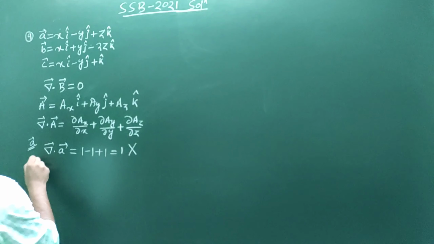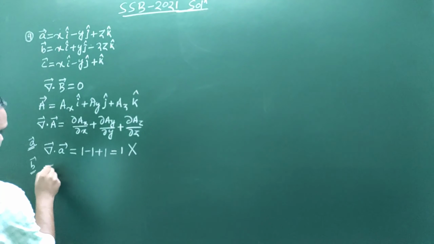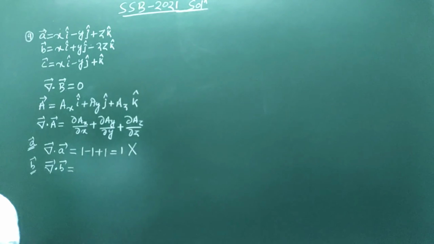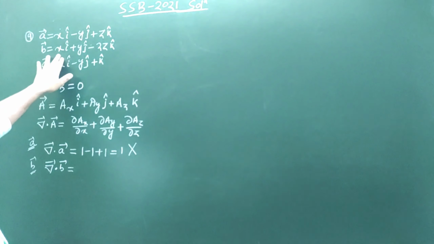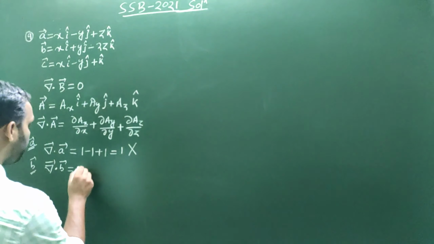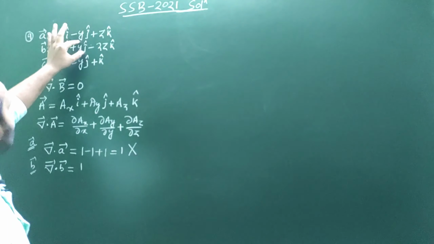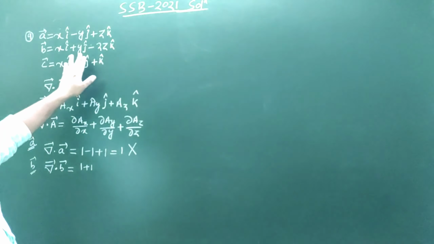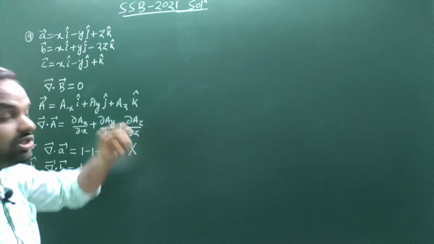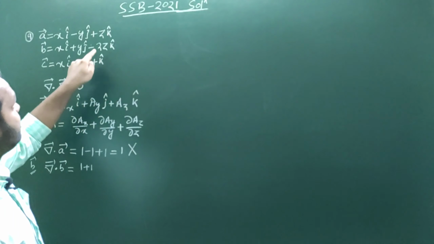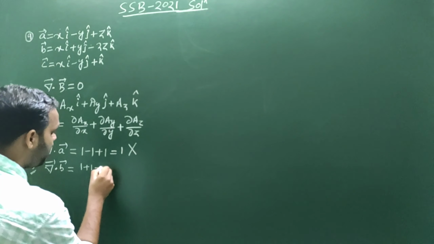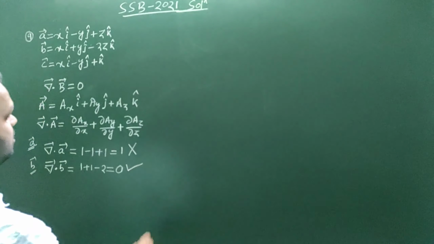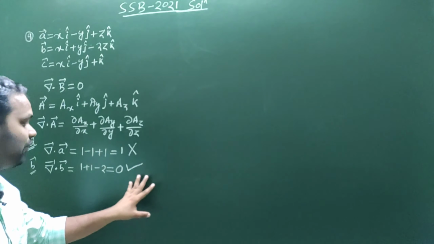Now for the B vector, if you check, divergence of B will be equal to, there is x, so differentiation of x with respect to x will be 1, differentiation of y with respect to y will be 1 again, and differentiation of this 2z with respect to z will give you 2, and there is a negative sign, so minus 2. This will give you 0. So the B vector is a magnetic field vector.